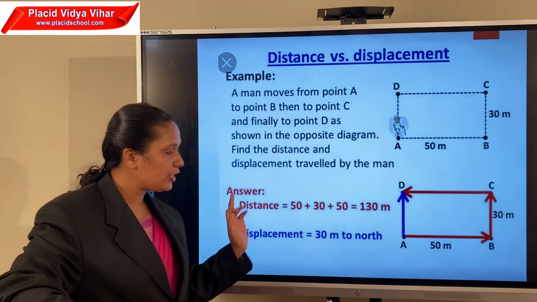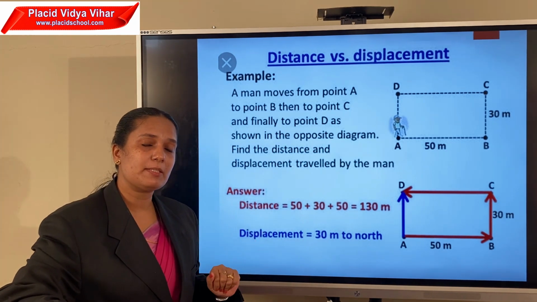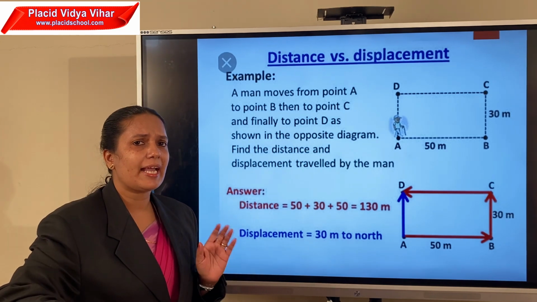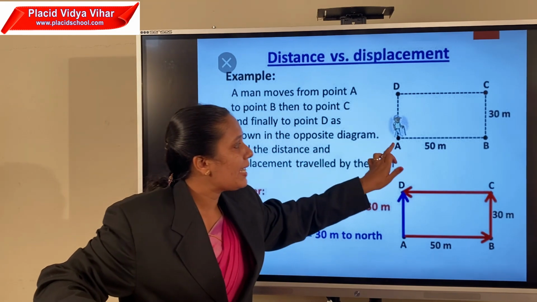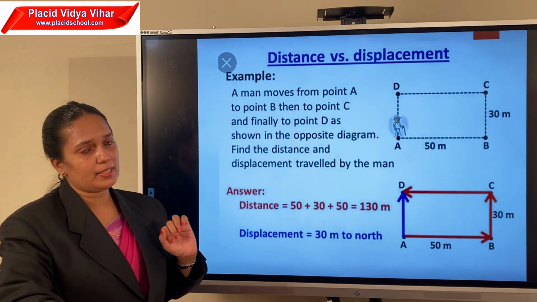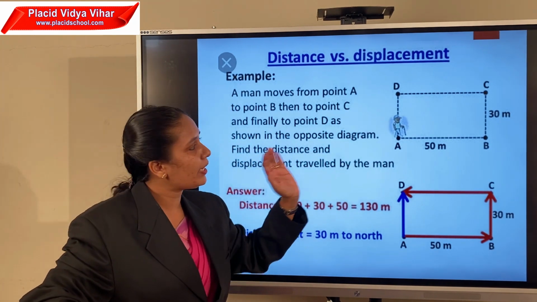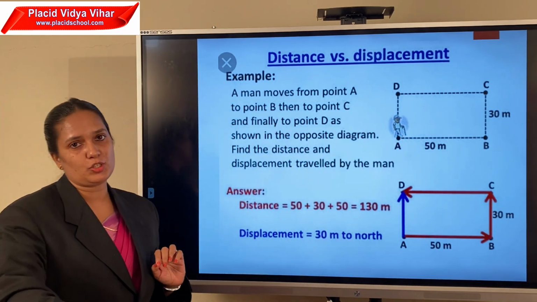So meter is the unit of distance. Then how to find displacement? Displacement is the shortest straight line path between initial and final position. So in this case, A is the initial position and D is the final position. So the straight line path AD gives its displacement. Here AD is equivalent to BC. So displacement is 30 meter.